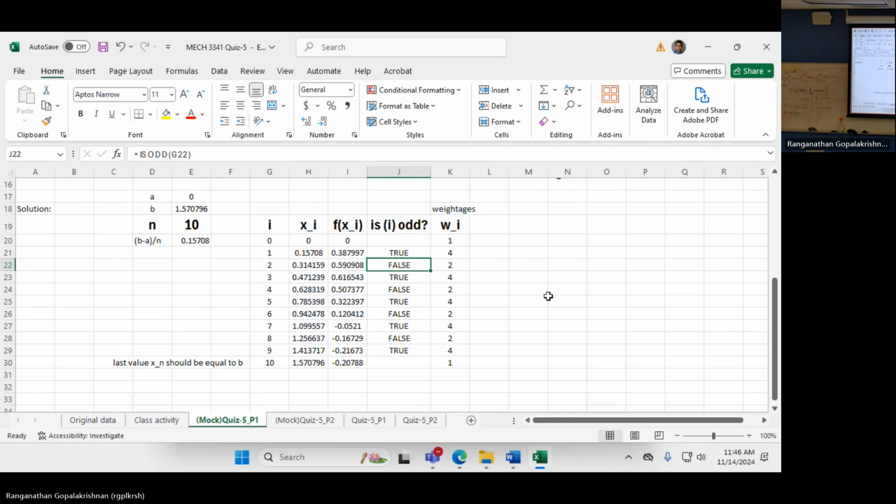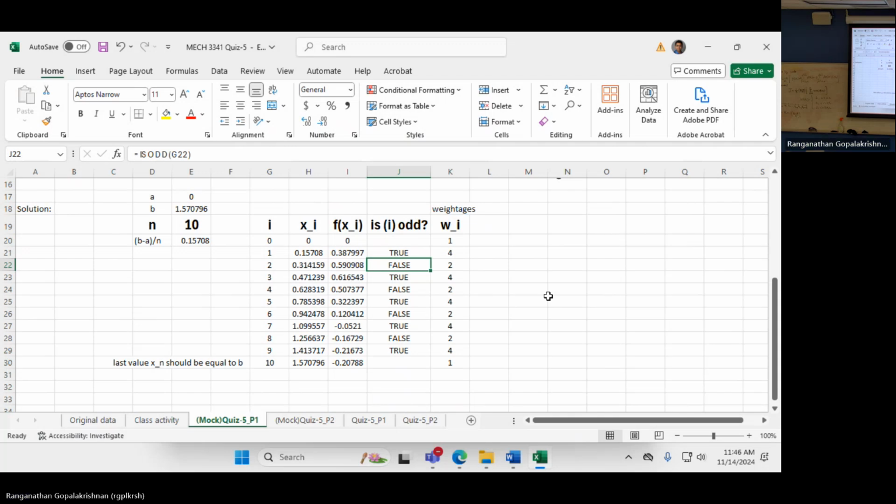D20. Then this is equal to F21 plus F22.